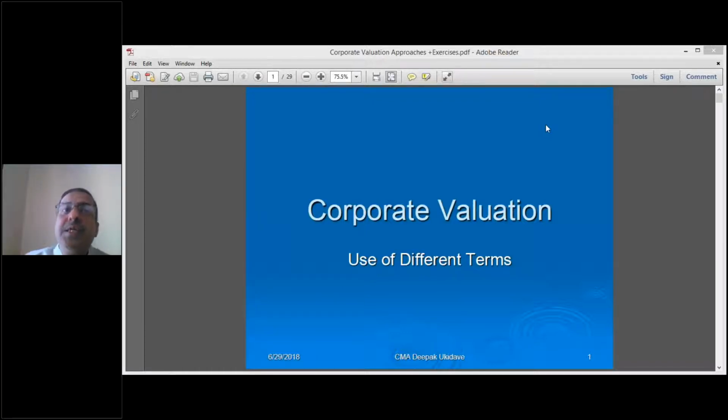What is the change in the shareholding pattern post-merger? Pre-merger, post-merger, what is the impact? Basically, you are required to analyze. This topic is an analytical topic. You are required to analyze the effect of merger, acquisition, takeover, etc. on A, EPS, B, MPS, C, enterprise value, D, value of business, and so on, value of shareholder.